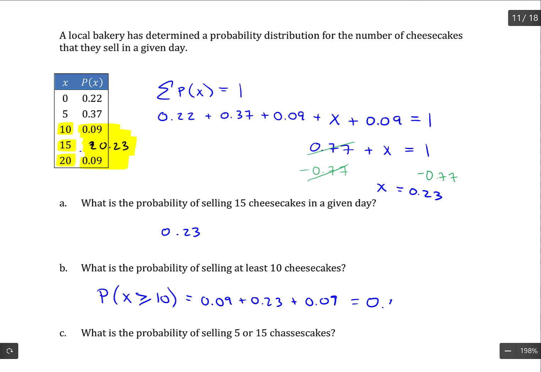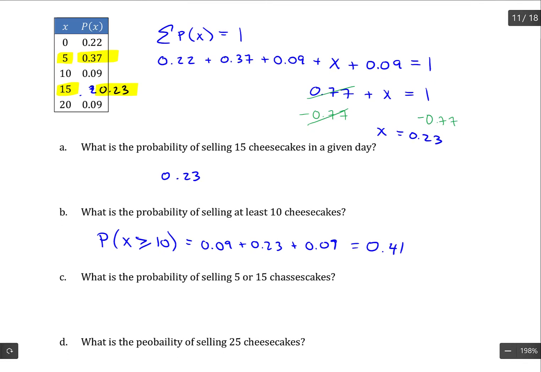What is the probability of selling 5 or 15 cheesecakes? So the probability of selling 5 or 15 cheesecakes, OR tells you to add probabilities. So if we have 5 or 15, we would add together 0.37 and 0.23 to get our probability.